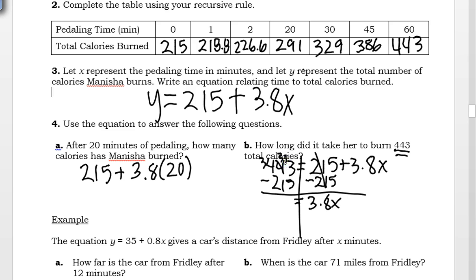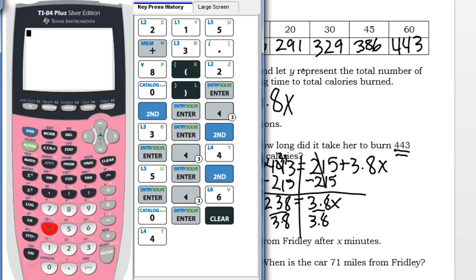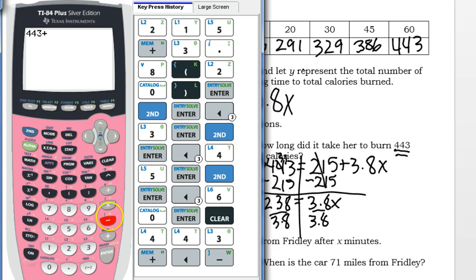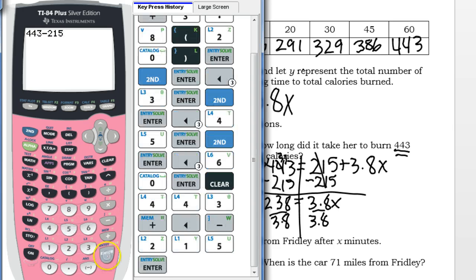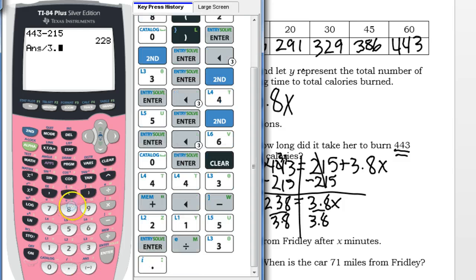Then divide by 3.8 on each side of the equation. And just to make sure we're doing this right, I got 60, and that's what we wanted to have.